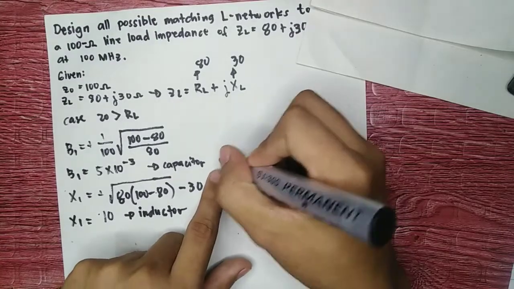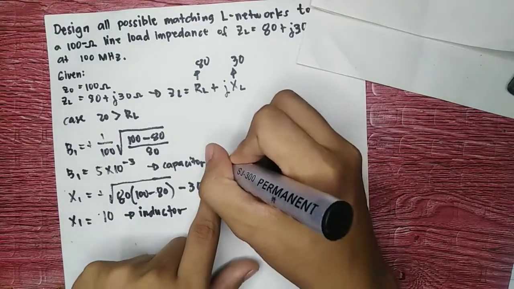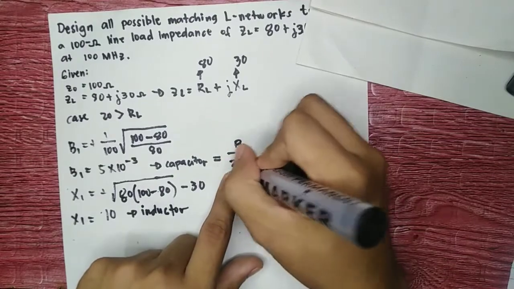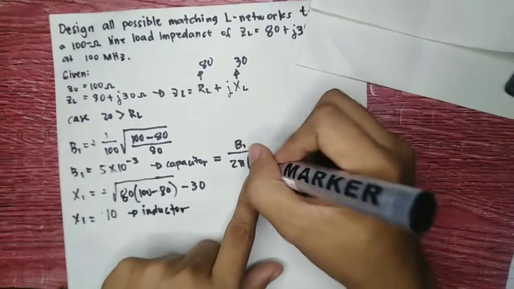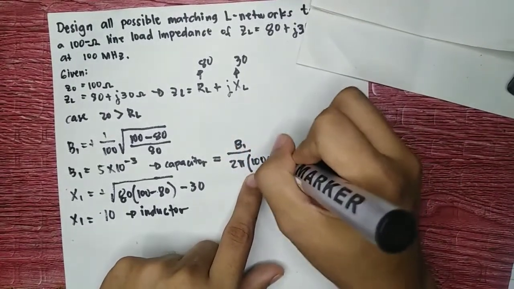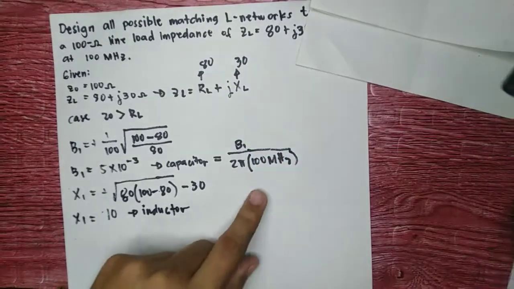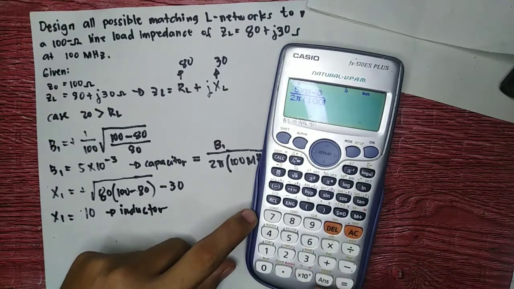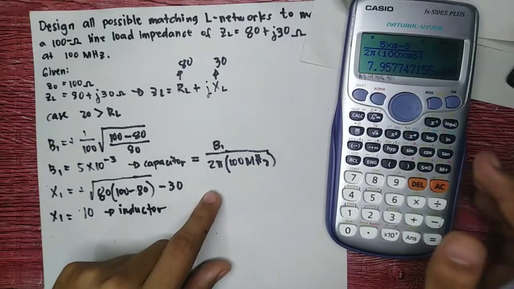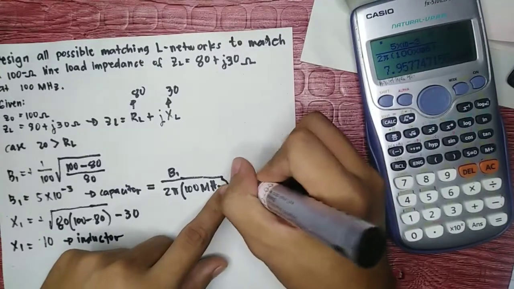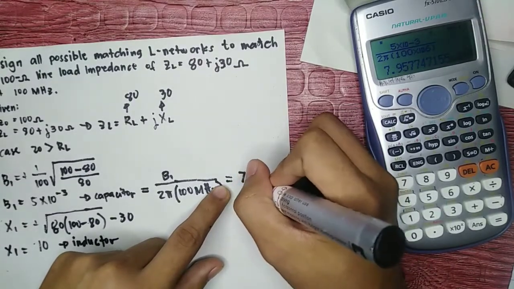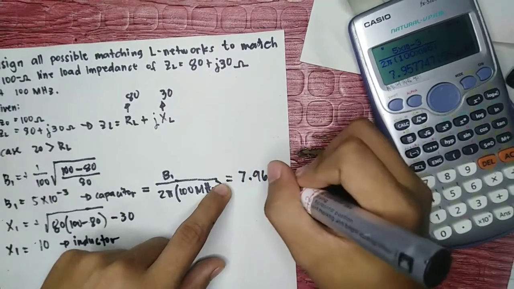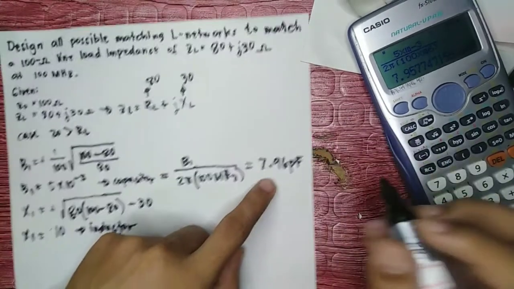Let's get the capacitor, whose formula is B1 over 2 pi times the frequency of 100 megahertz. So B1 is 5 times 10 raised to negative 3, divided by 2 pi times 100 megahertz, equals 7.96 picofarad.